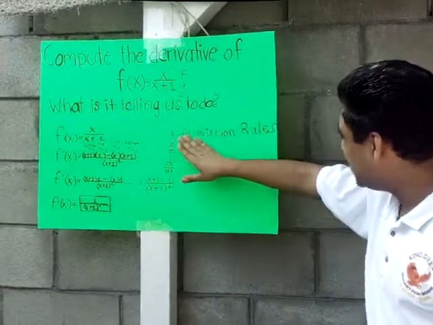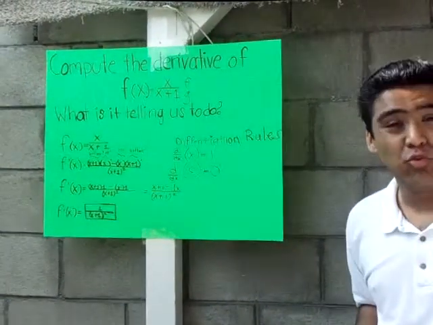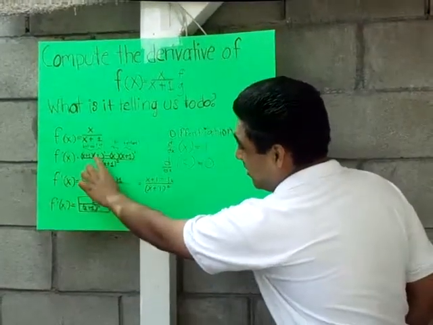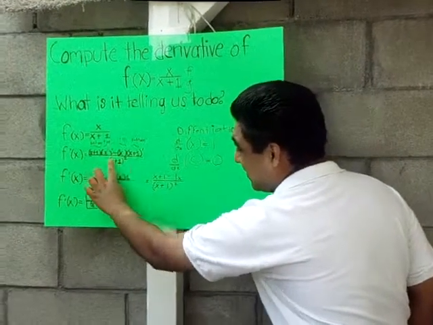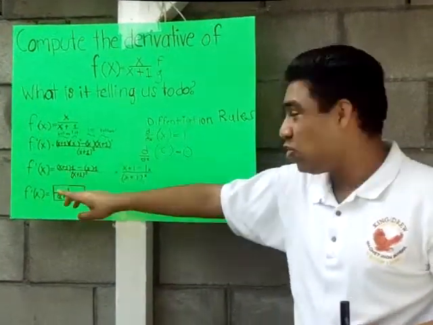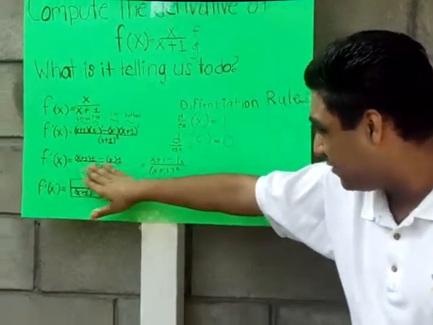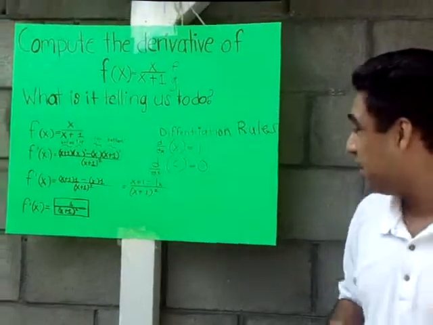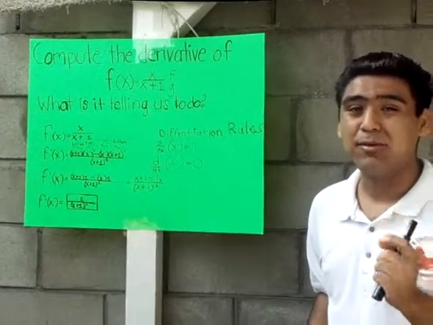Now, differentiation rules. d over dx of x is always equal to 1 in calculus. That's why here, when we did this, the derivative of x is 1. So when we have x, it's going to be 1. That's why we have all the other ones over here. And then, this rule, the constant rule, is always equal to 0. Whatever number you have, it's always equal to 0.